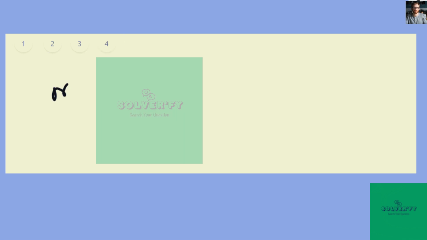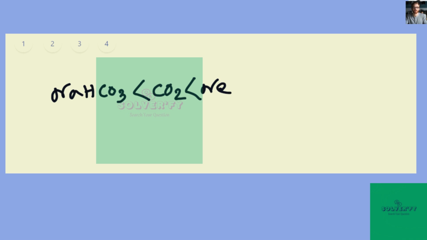So if we arrange them in rank, in increasing order, NaHCO3 is the lowest, then CO2 is second, and neon is the sample with the highest number of atoms present in it.